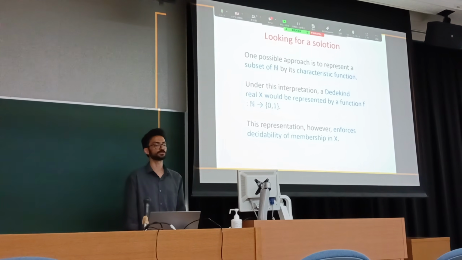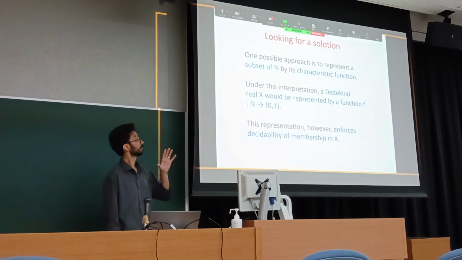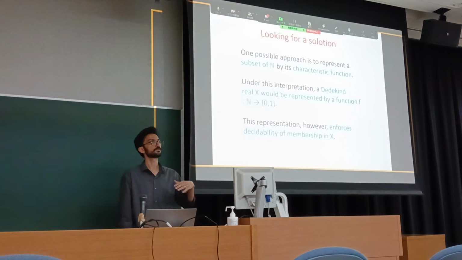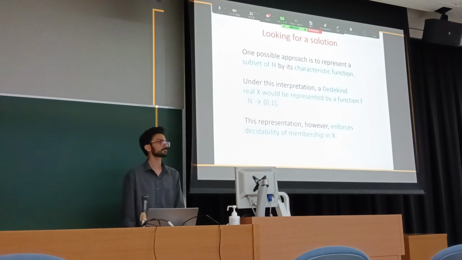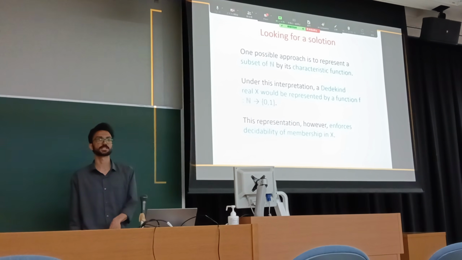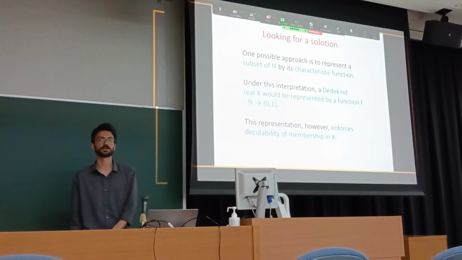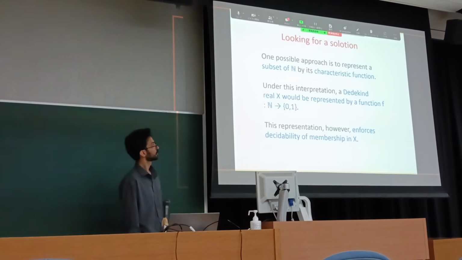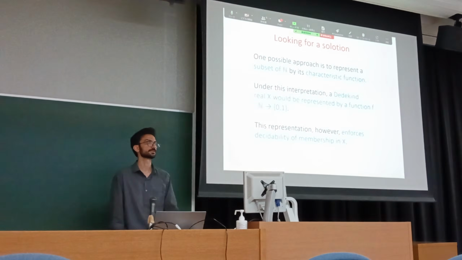One approach is to represent a subset of N with its characteristic function. Under this interpretation, every Dedekind real x would be represented by a function f from the set of natural numbers to the set {0, 1}.